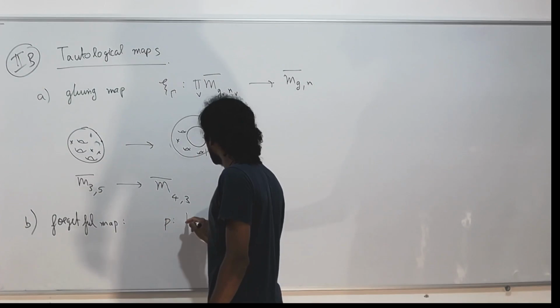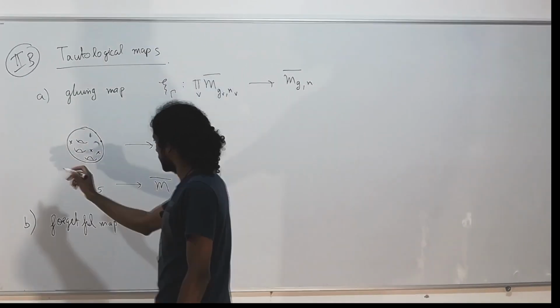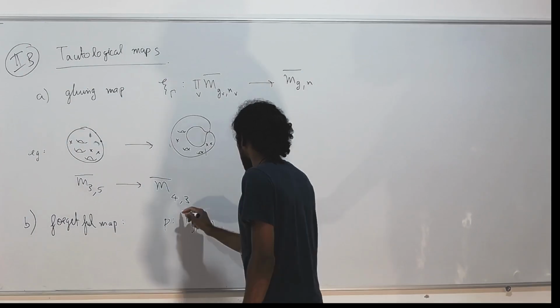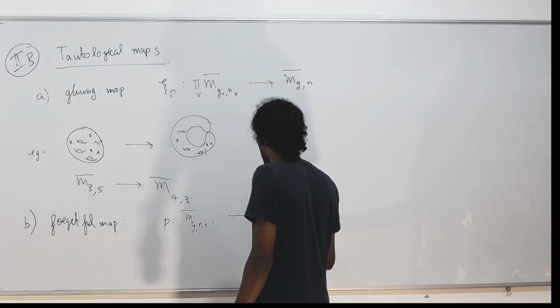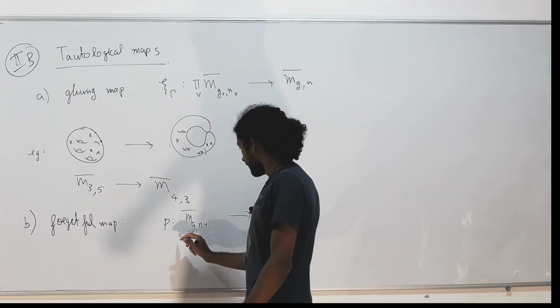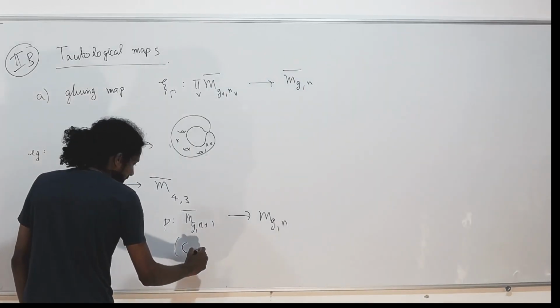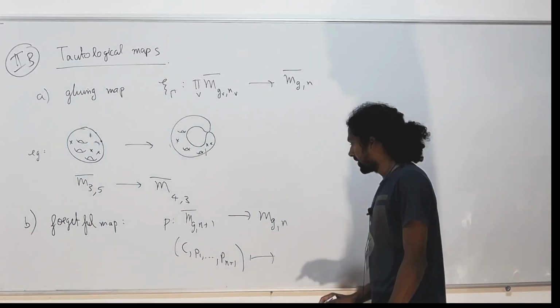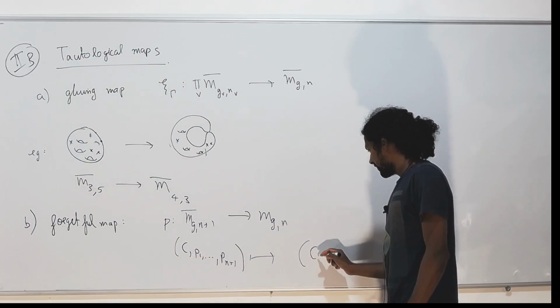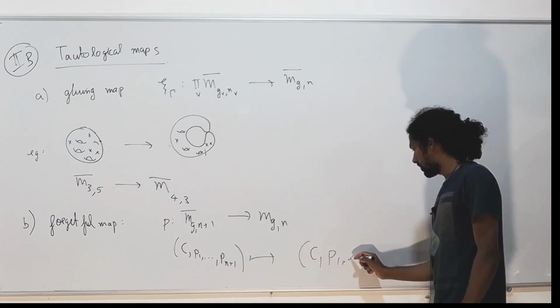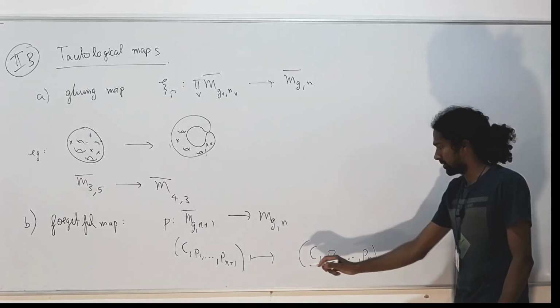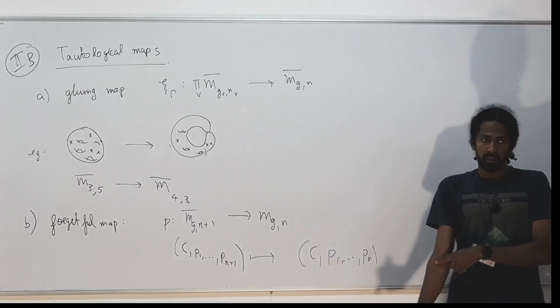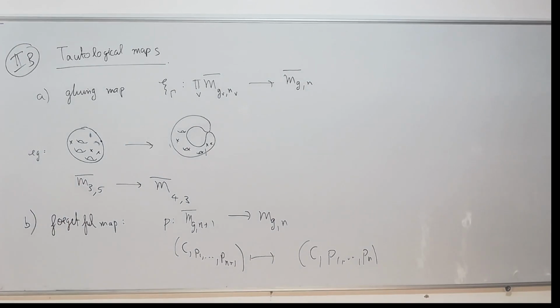It's a map from, for example, M_{g,n+1} bar to M_{g,n} bar. What we do is take a stable curve with n plus 1 marked points and send it to a curve with n marked points, just forgetting the last marked point. But when you do this, you have to be careful.